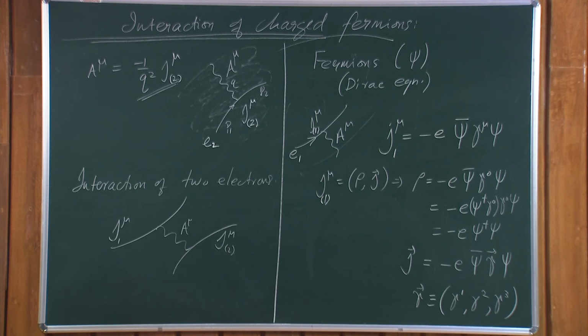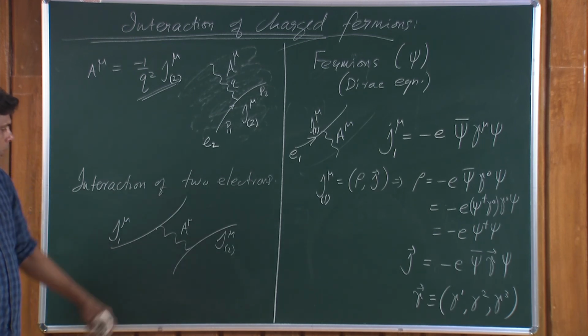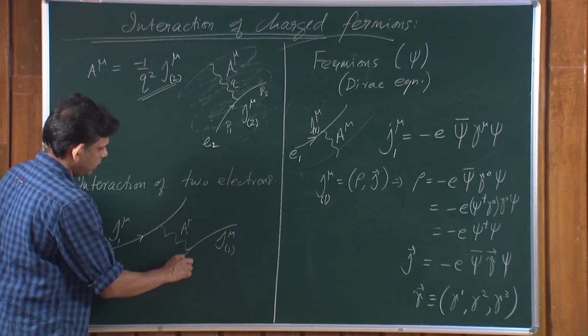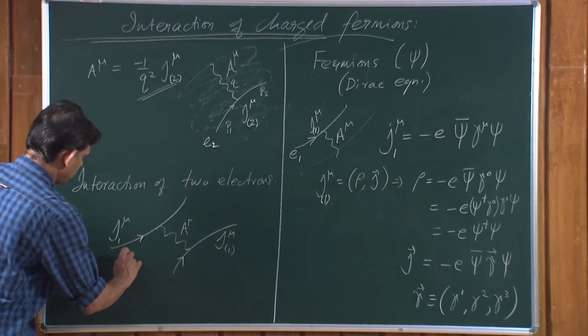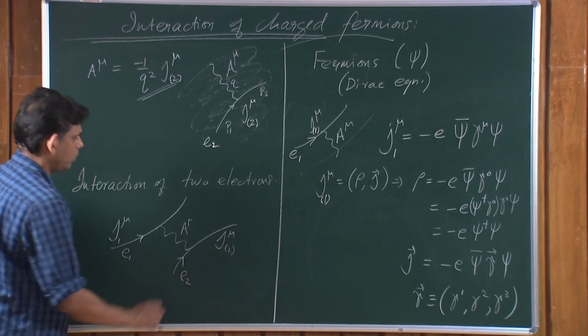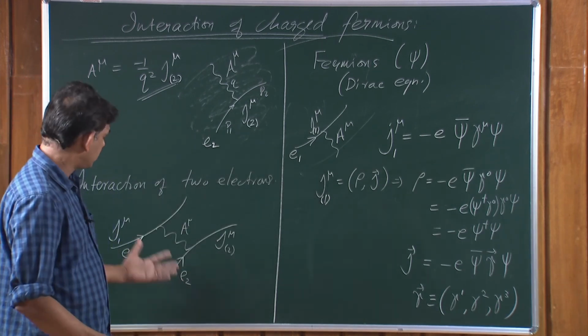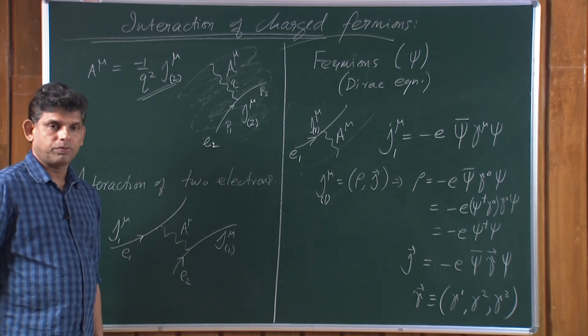This is a good picture to keep in mind. So, two electrons, say electron 1 and electron 2, interacting with each other can be represented by such a picture.